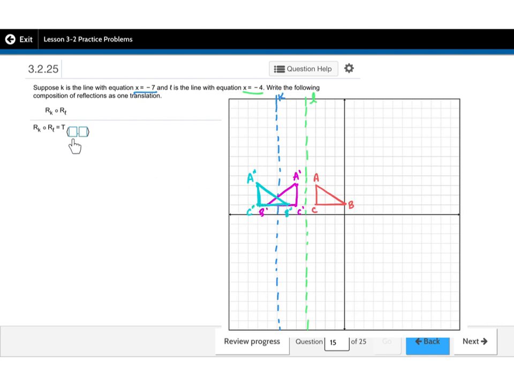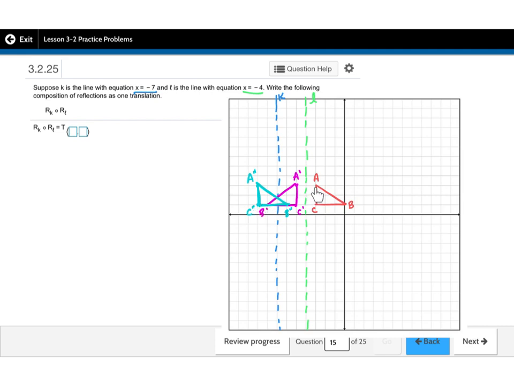So the question is, how did you translate it? If I just ignore this pink triangle, and look at this red triangle sliding over to where the turquoise triangle is, how much of a slide is that? If I look at going from C to where C prime prime is, I notice that I'm moving 1, 2, 3, 4, 5, 6 units over to the left.